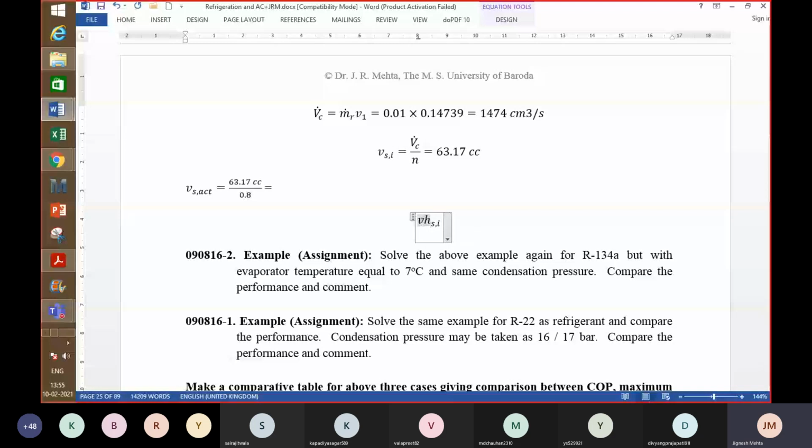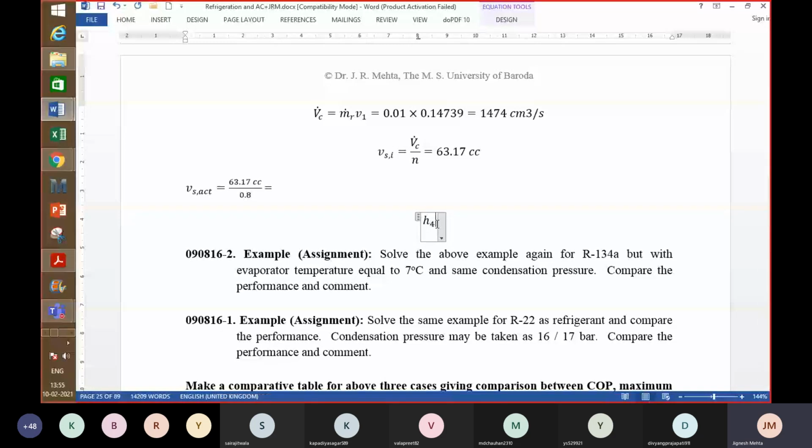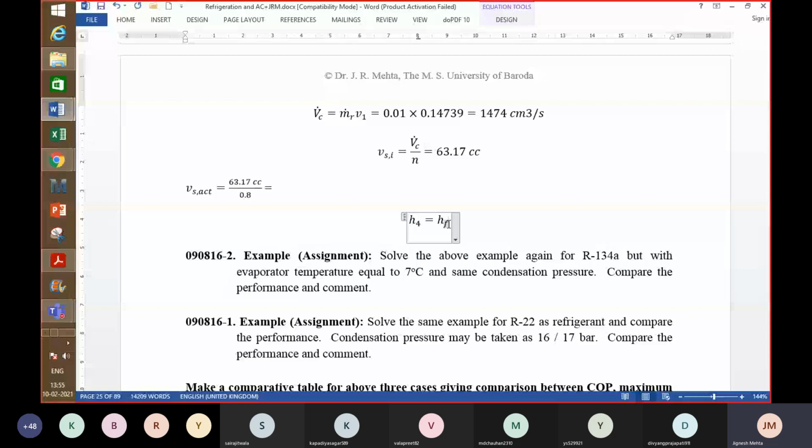H4, because it's a mixture of liquid and vapor, the enthalpy would be hf plus x hfg. Okay, but at what pressure or temperature?